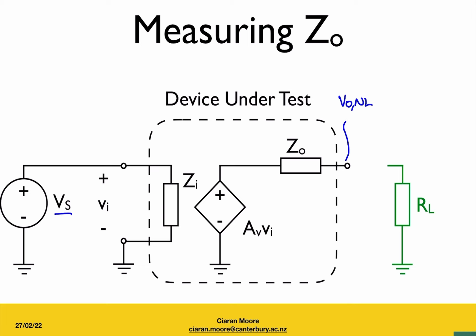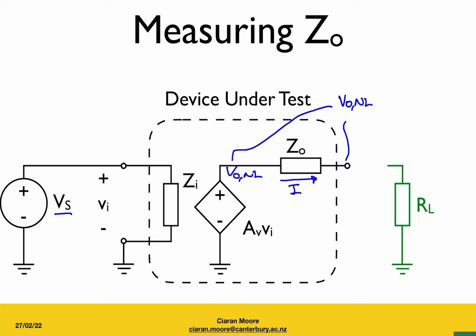Now, although we're measuring this voltage physically outside the device, it is in effect the voltage inside the device, V out no load. Why? In this case, the output impedance has no effect because there's no current flowing through it.